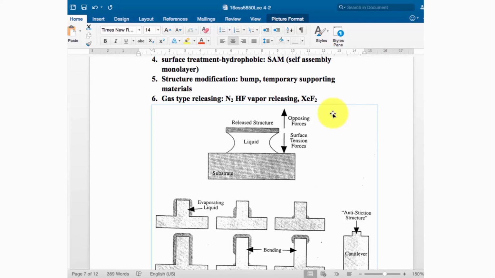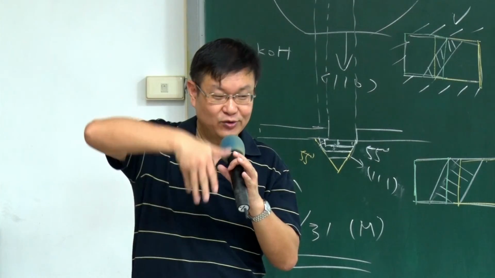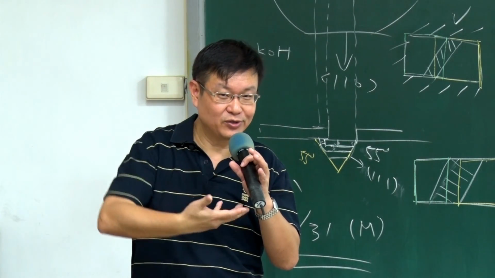Okay. So in our school we do have this machine in the Nano Science Center. So if you want to use this kind of process, you can send your sample over there. But remember, this process is an isotropic process. That means the etching rate is the same in all directions.